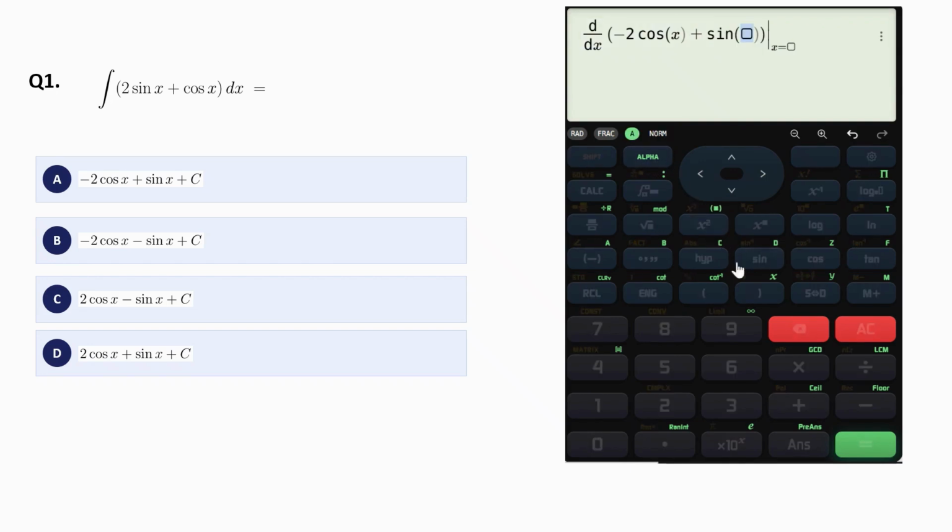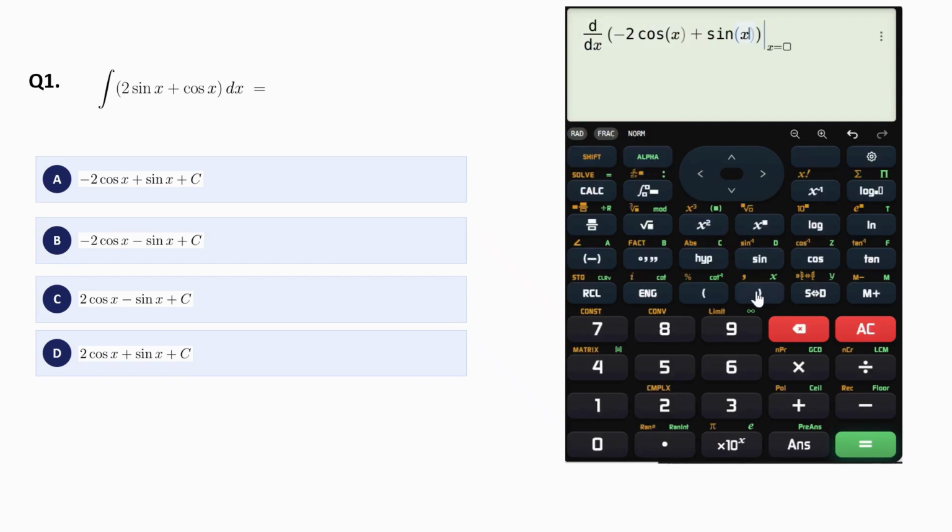You can avoid the constant c, and enter the same x value as before, so 0.1. You get the same value, that is 1.19467. So you can fix that option A is the right answer.